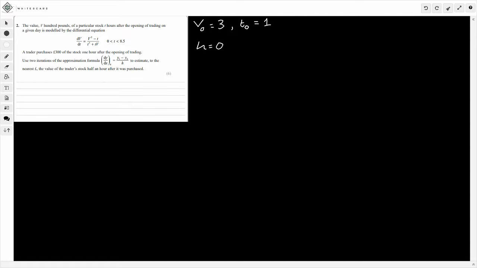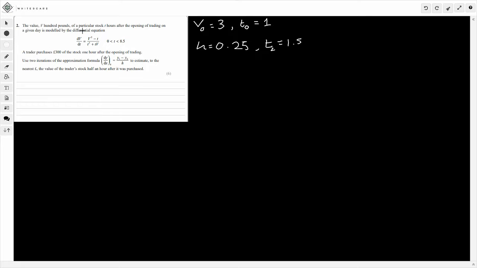So H is 0.25. So that is my T2. T2 is 1.5. What is it when it's half an hour after? That's going to be 1.5. So we've got the preliminary information that we need.